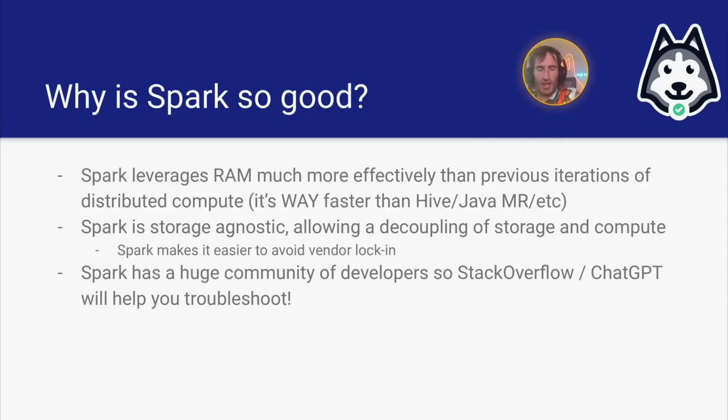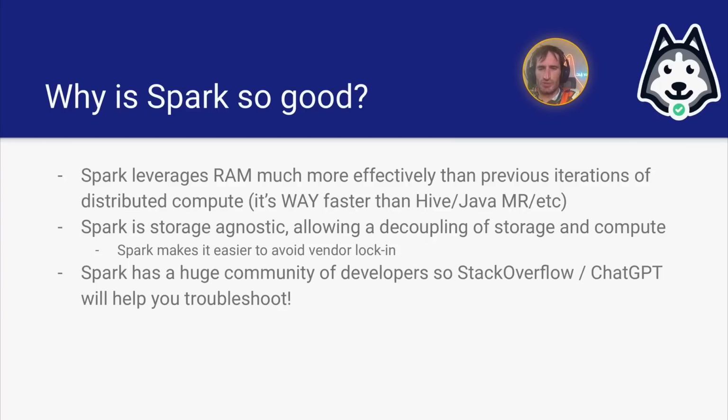Hive and Java MapReduce jobs were very resilient, but they were also incredibly painfully slow. Spark was able to kind of short circuit some of that and minimize the amount of times that it needs to write to disk. Spark essentially only writes to disk when it has an operation that it doesn't have enough memory for, and then it will do this thing called spilling to disk. Generally speaking, though, you don't want Spark to spill to disk.